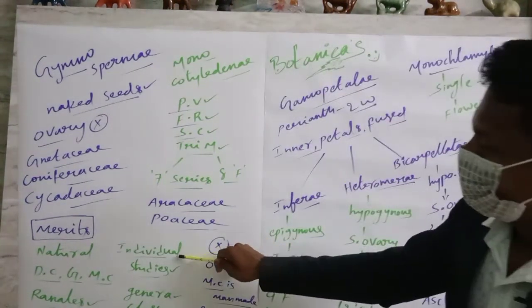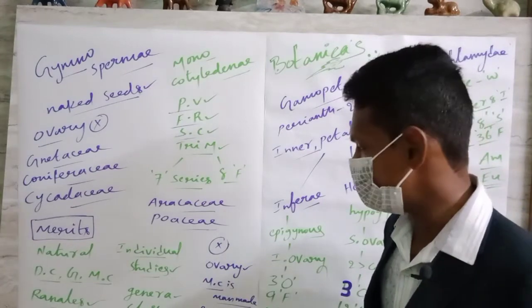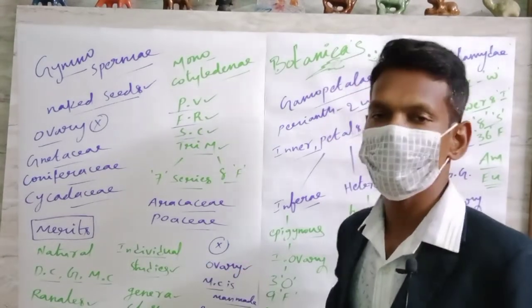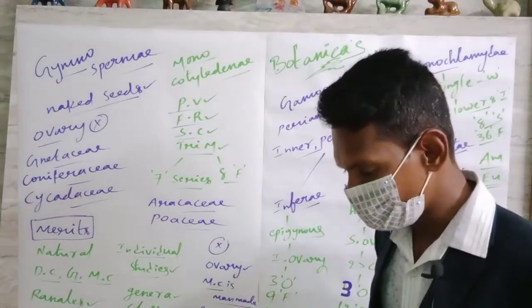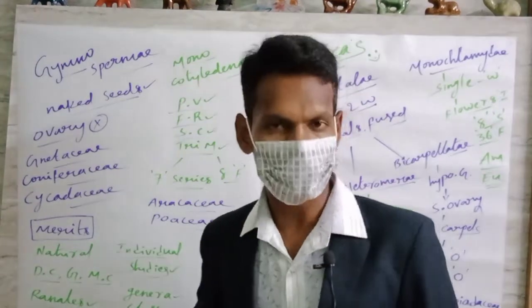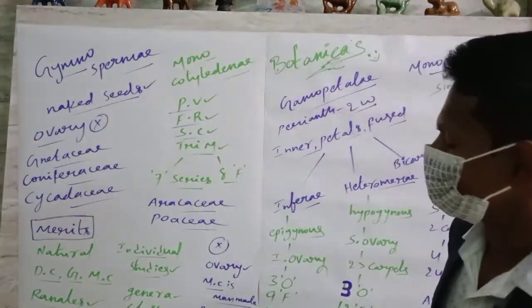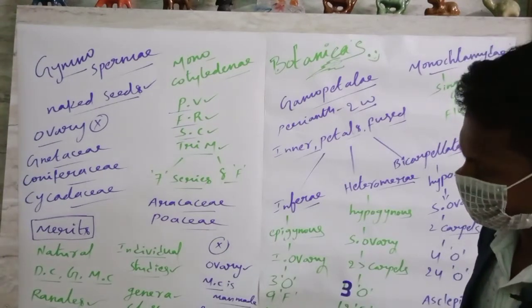And in this system we can study each and every plant's individual features. So individually, according to the features, the arrangement, and the systematic position or hierarchy, from A to Z, the information can be studied.